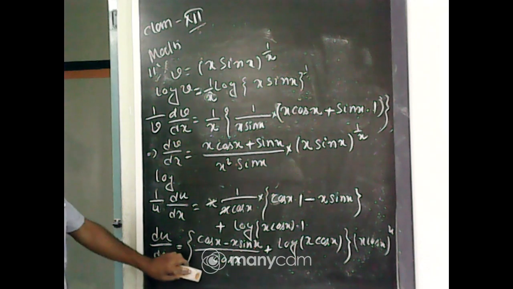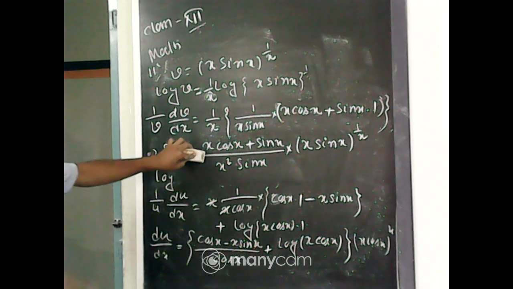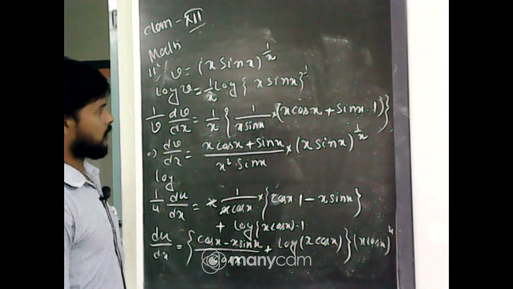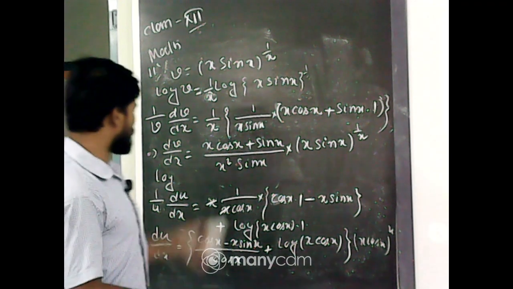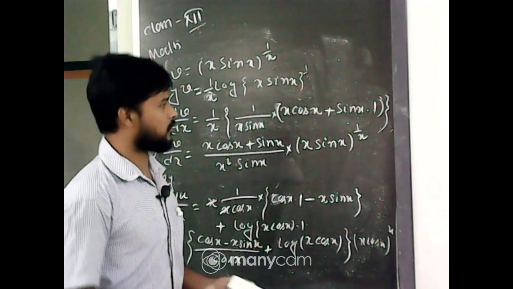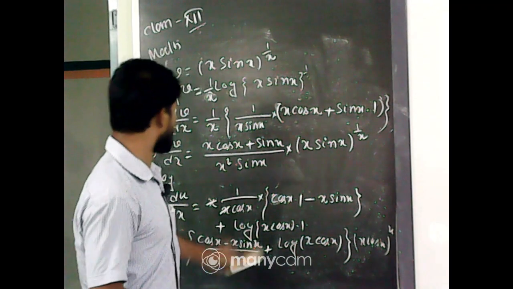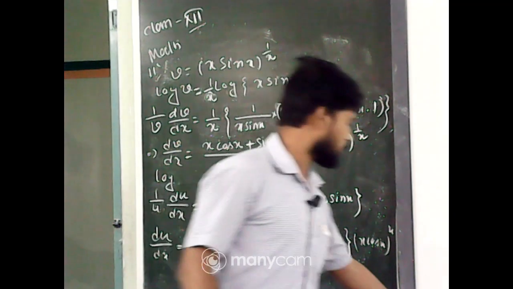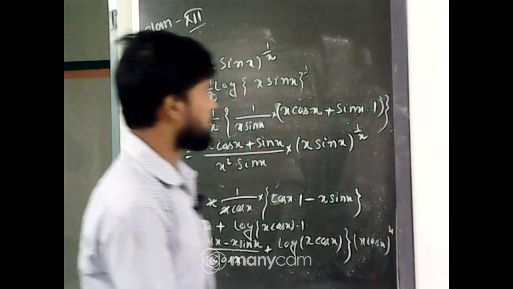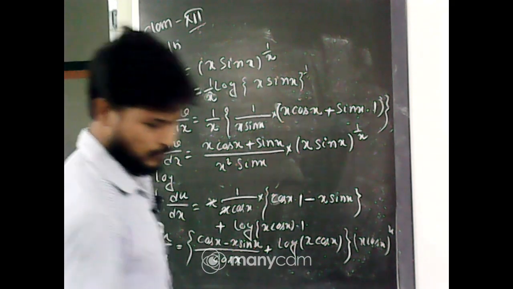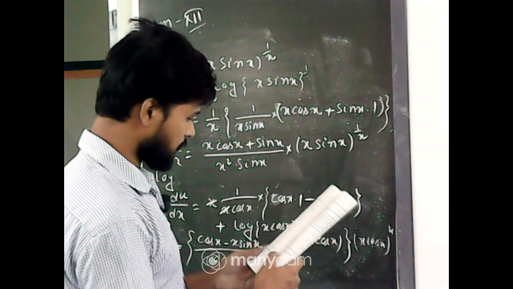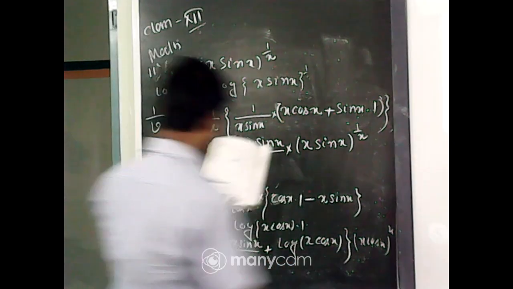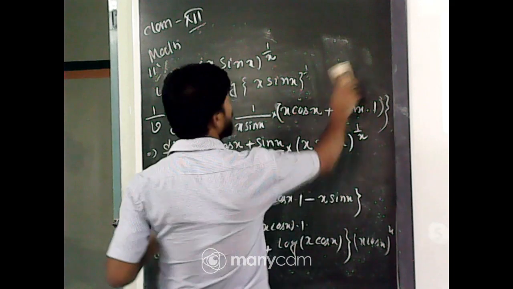Now du dx is known, dv dx is known, put them into equation number 1, and we have the answer. Just sum of this plus this. Okay. So now let us move to the next question, question number 12.